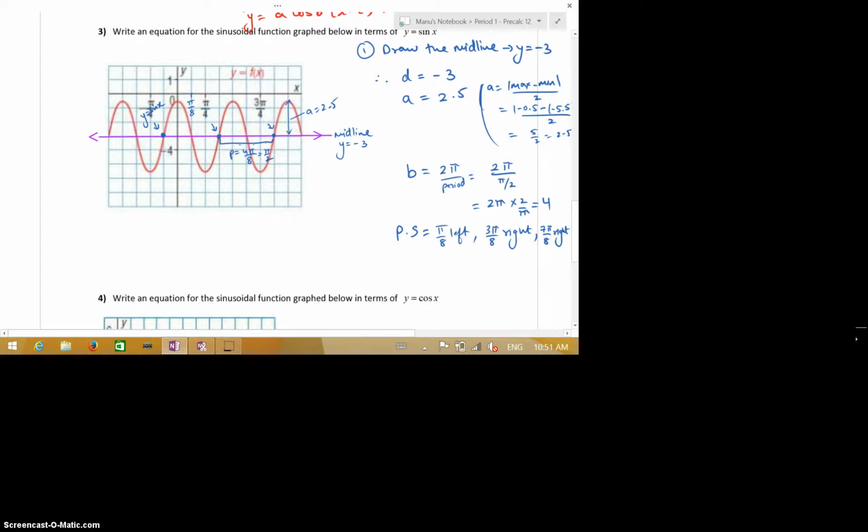So one of the equations for this graph would look something like this. y equals, the a value is 2.5, sine, b value is 4, brackets, x, pi over 8 units to the left, so x plus pi over 8, and then minus 3.